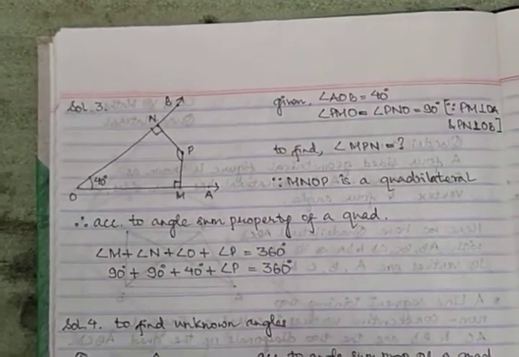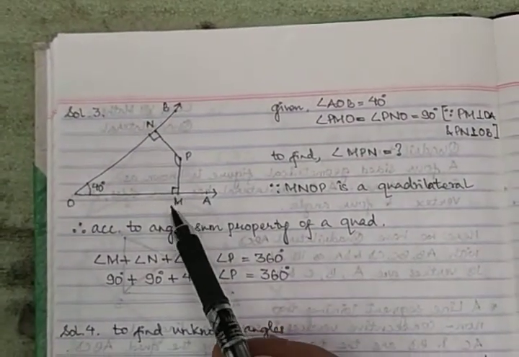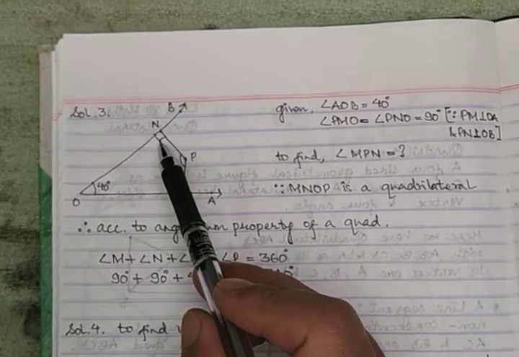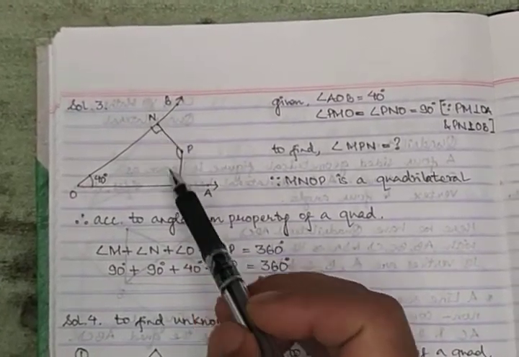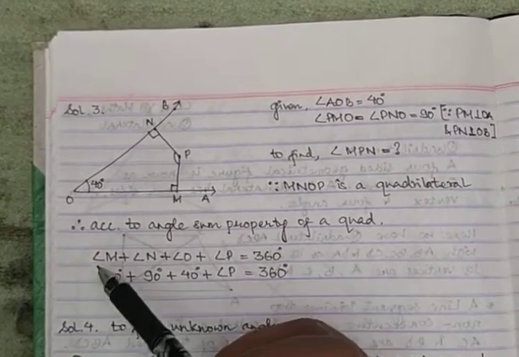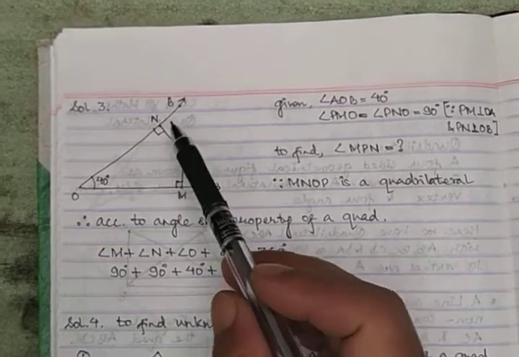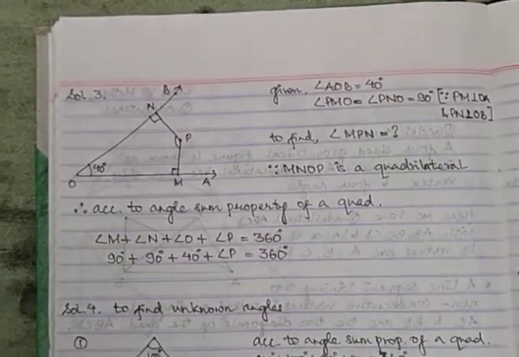And look at the symbols as well, the angles. Angle M and angle N are perpendiculars, 90 degrees. The symbol also represents 90 degrees. As I have repeatedly been telling you, the symbols are very important in geometry. So these two angles are given as 90 degrees, and this angle is given as 40 degrees.